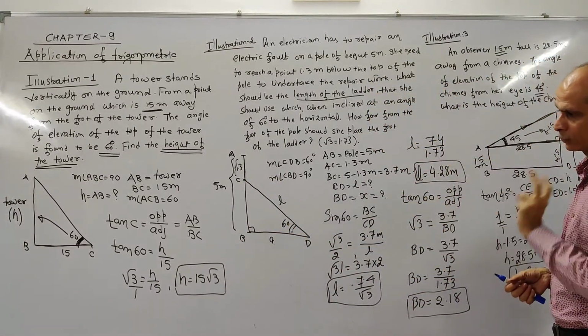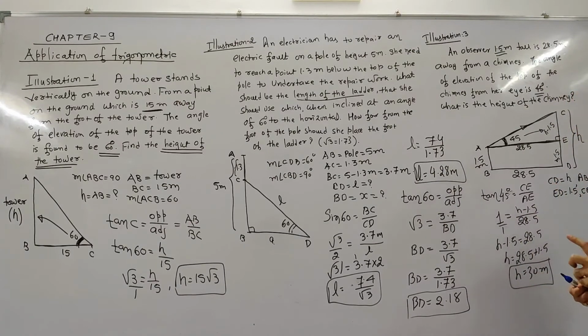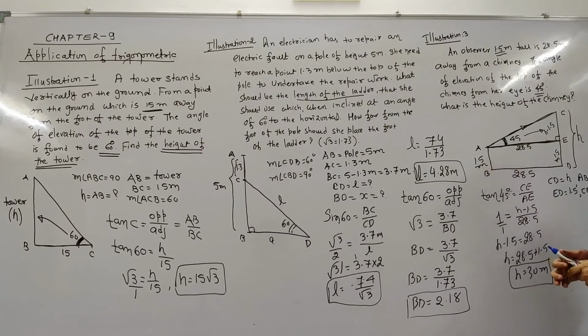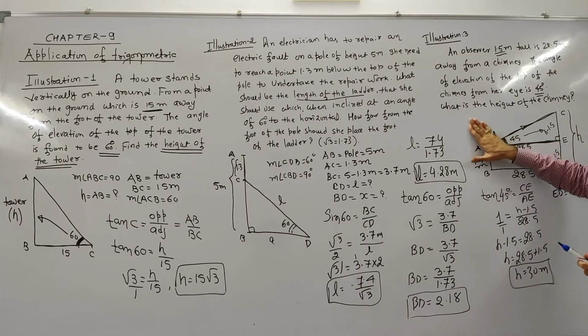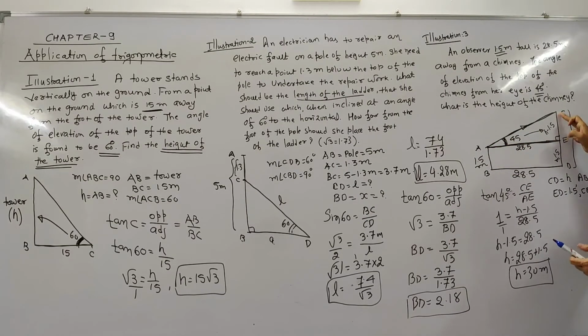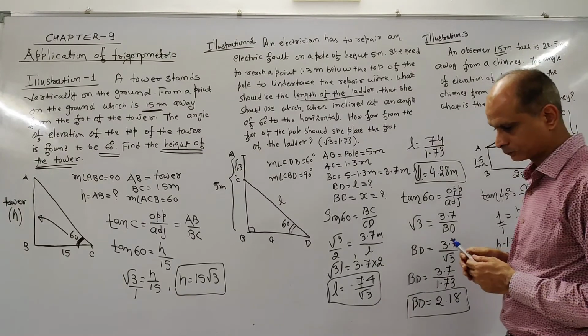Here you have to find 2 things: number 1, the length of the ladder, as well as the distance BD of the ladder from the pole. Similarly, in this example, a 1.5 meter tall person observes the top of the chimney. The angle of elevation is 45 degree and your aim is to find the height of the chimney.